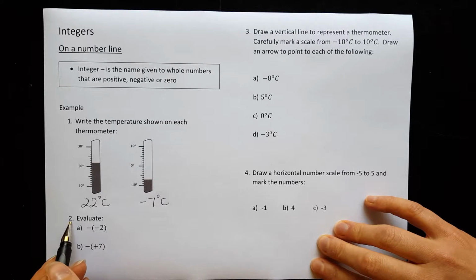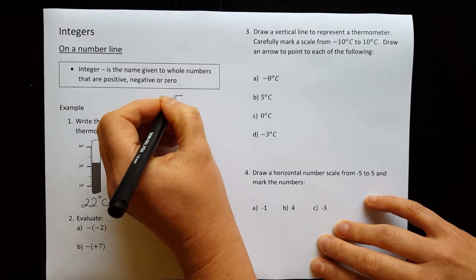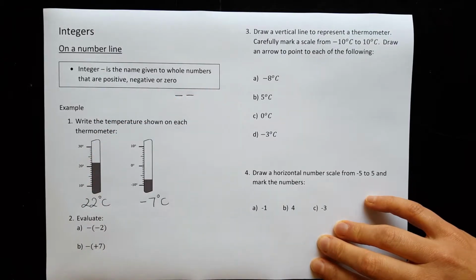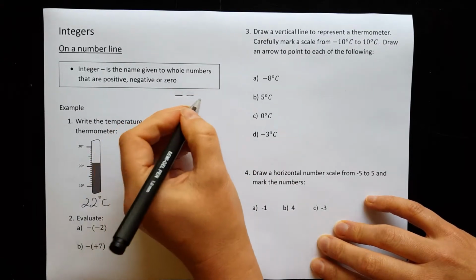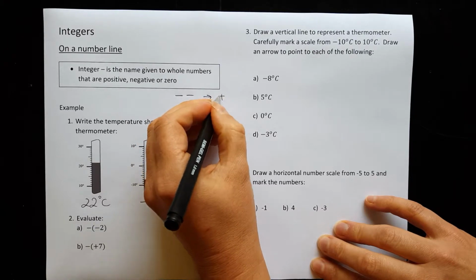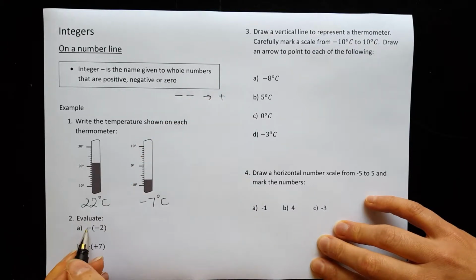Okay, question 2, evaluate. If you have a negative sign and a negative sign together, you will get a positive as your solution. So -(-2) is going to actually make a positive 2.